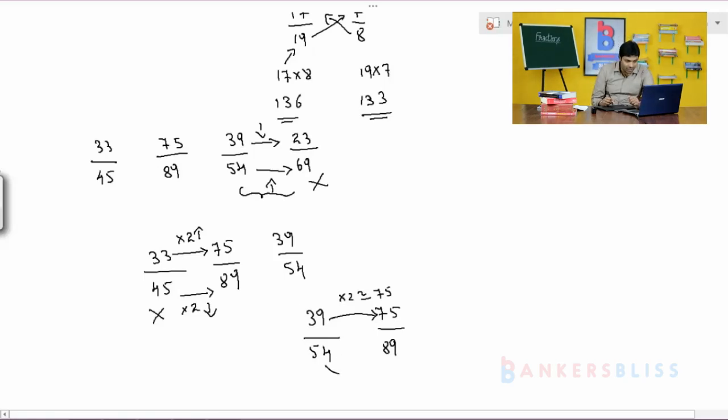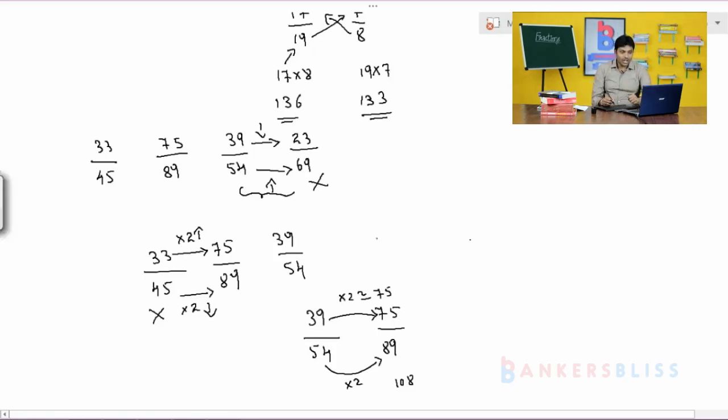But see here, 54 into 2, you should get 108, but how much are you getting? You are getting only 89. But here the numerator is almost equal to 75. Therefore, the numerator increasing rate is more than the denominator increasing rate.